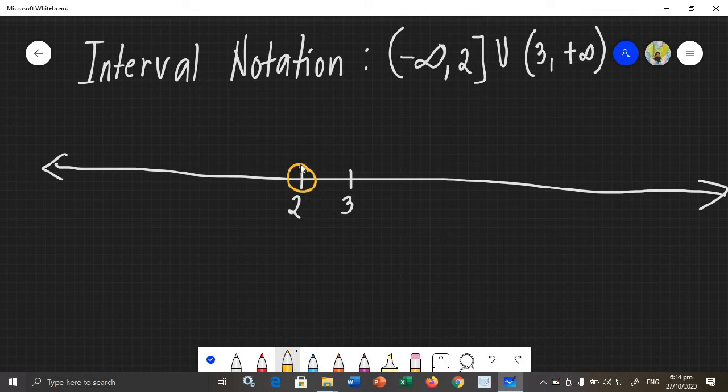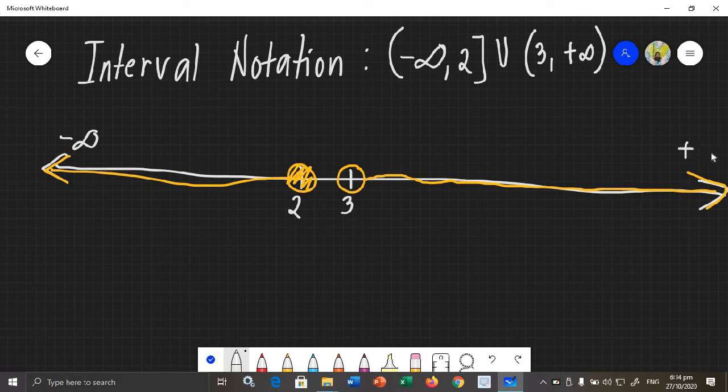So, I'm going to write a closed circle up until here kasi dito yung negative infinity natin. So, and then, the next one, 3 is not included in the solution. So, I'm going to write an open circle up until the positive infinity here. So, that is how you write this using a number line.